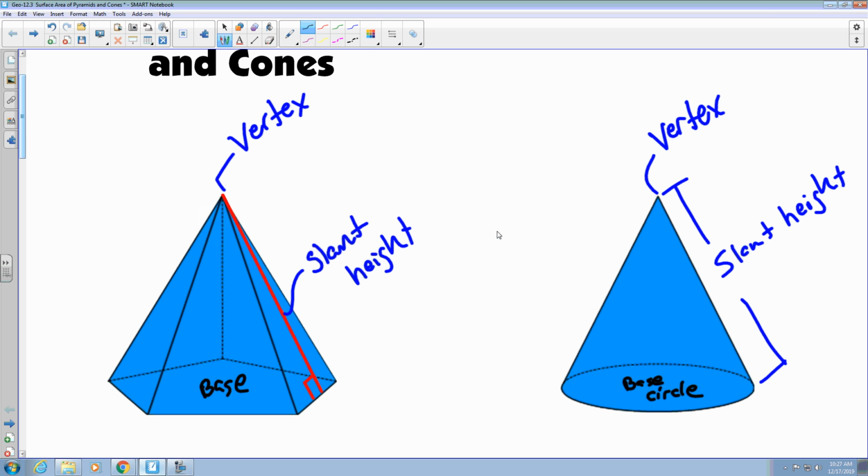The other difference is that a pyramid has a series of triangles that connect to the vertex. When it comes to a cone, there are no triangles. It's just a circular piece that eventually connects to a vertex. So those are the main differences, but there are two main components we're trying to look for: where the vertex is, and where the slant height is on these particular objects.